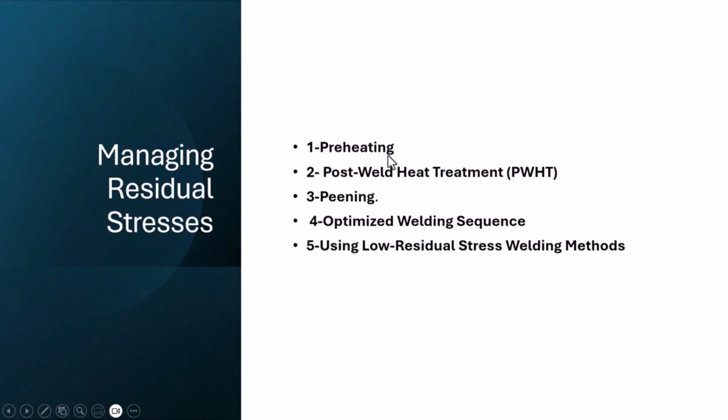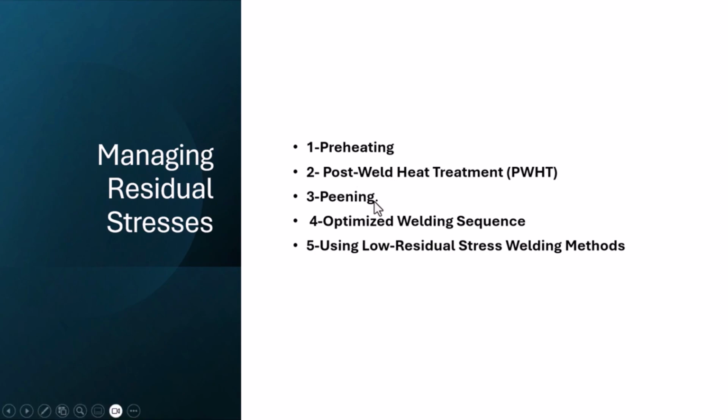The second one is post-weld heat treatment, known as PWHT. They use that a lot after the weld is completed. They heat it in order to release all those internal energies, and they cool it down in a controlled way. The third one is peening.